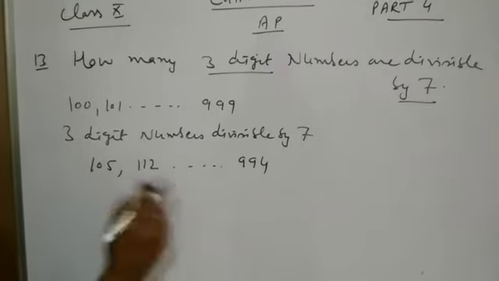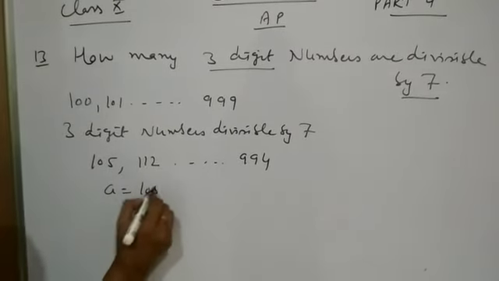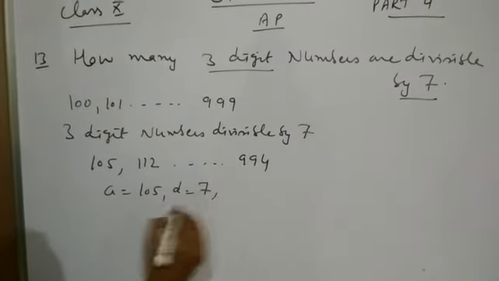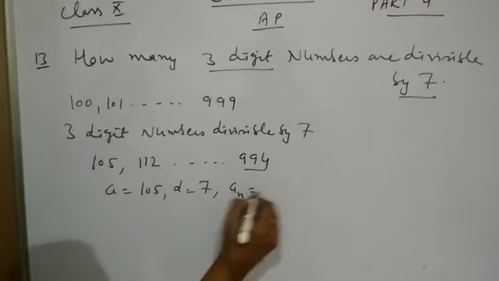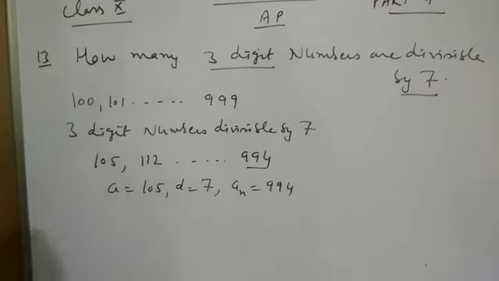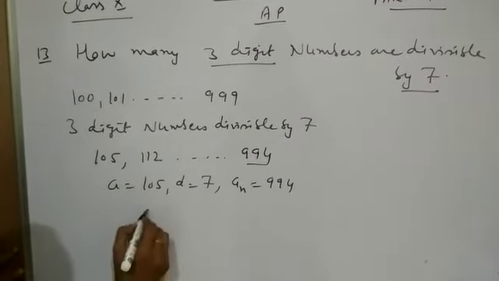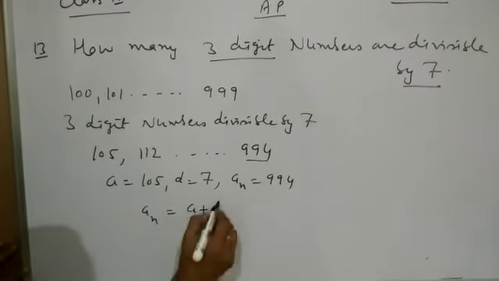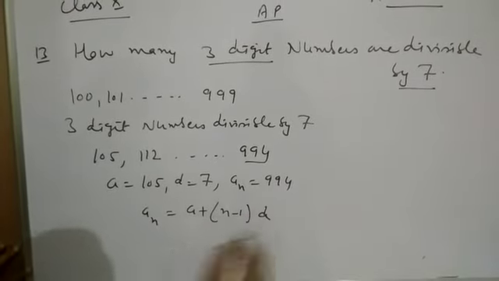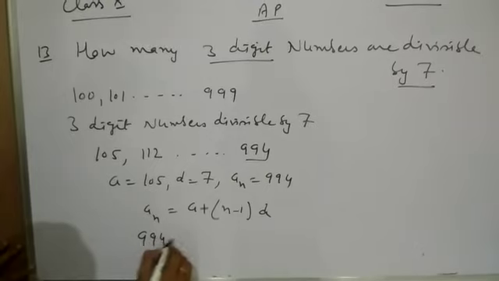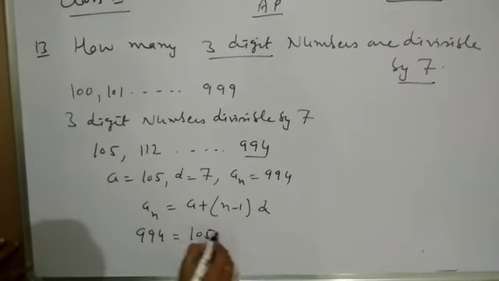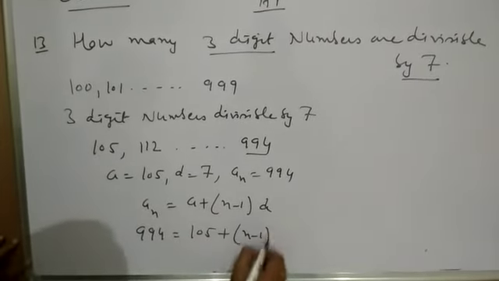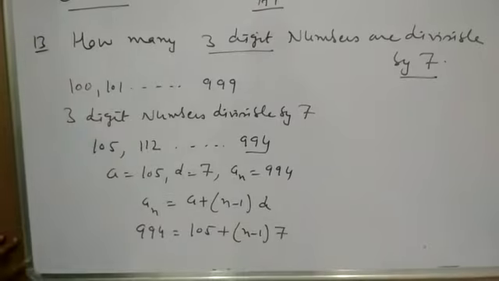So we have an AP now with a as 105, d as 7 and this is the last term. I want to find n. Using the formula a plus n minus 1 into d, 994 equals 105 plus n minus 1 into 7.